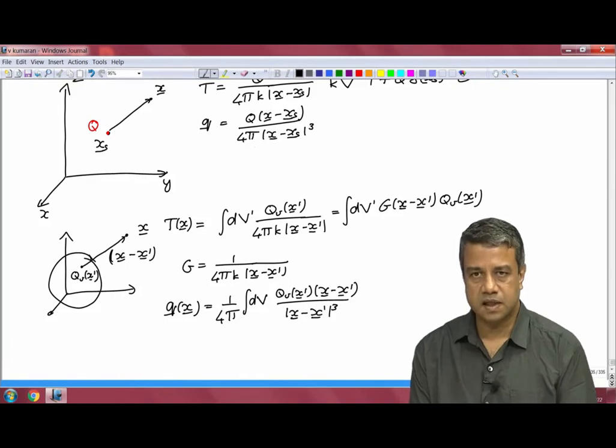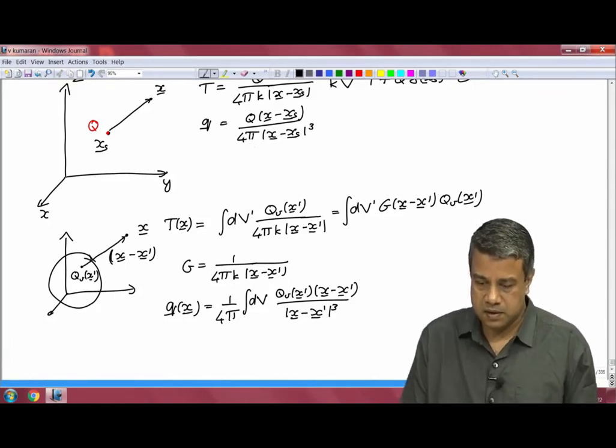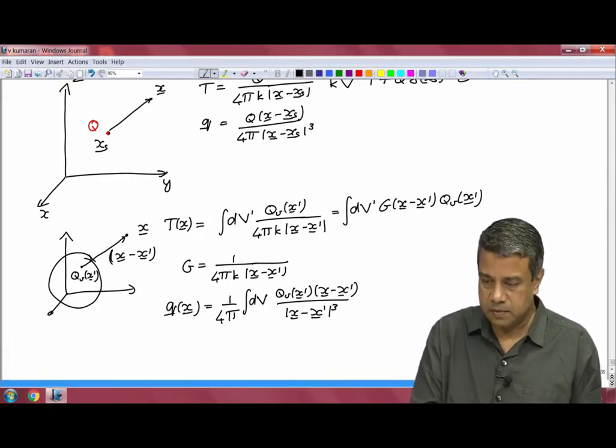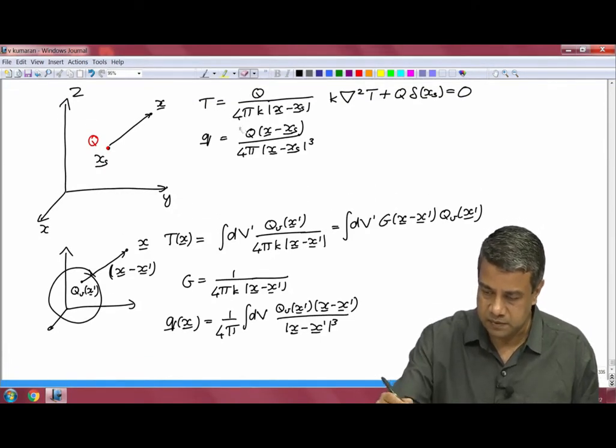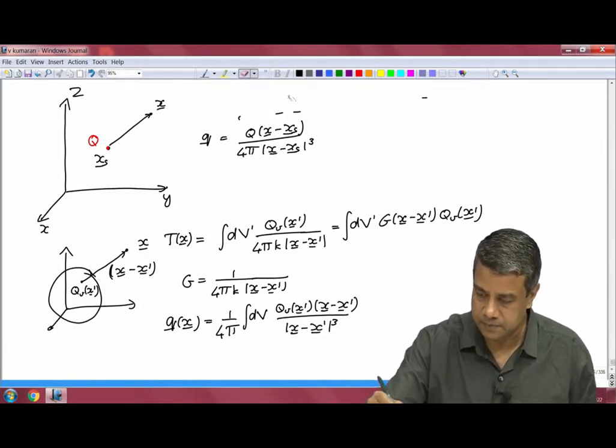So, these are just straightforward extensions of the point source, and we were trying to solve a problem of the heat conduction from a wire in the previous lecture. So, I will just continue that.